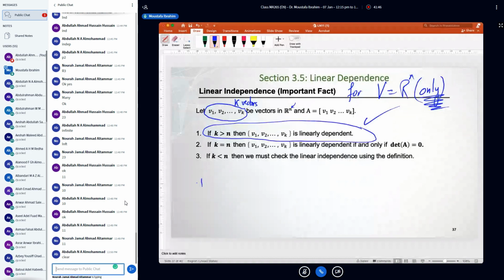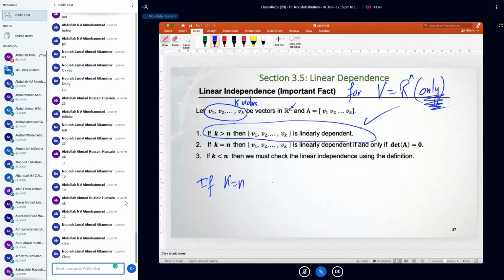Now, if k equals n, then look what you can do. Directly you can find the determinant of v1, v2, ..., vk, or vn, because k is equal to n. You have two cases. If the determinant is equal to 0, meaning the matrix is singular, then v1, v2, ..., vn are linearly dependent.